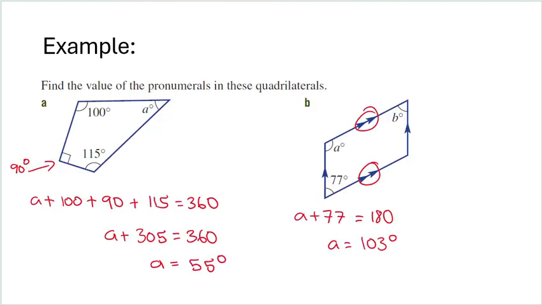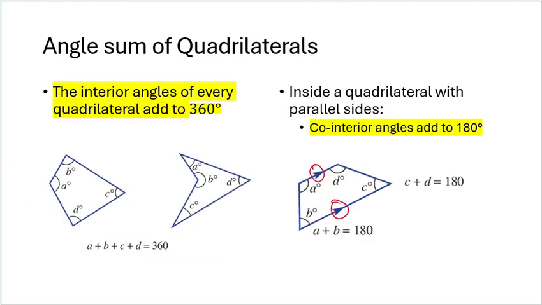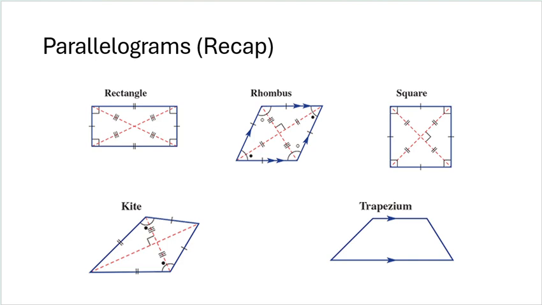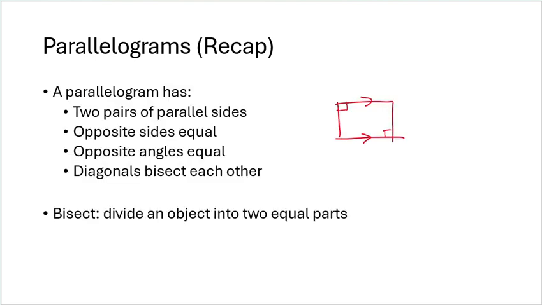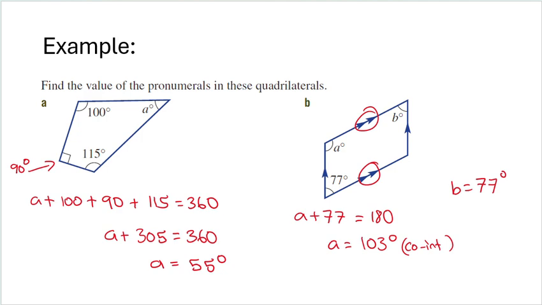Oh, sorry, 103. Just because of co-interior. And then B would equal 77, I believe, just because it is opposite. Just because of the following properties of this shape right here, of a parallelogram. Opposite angles equal each other, okay? So because it's an opposite angle.